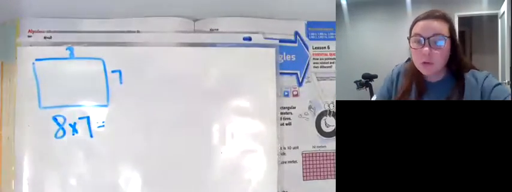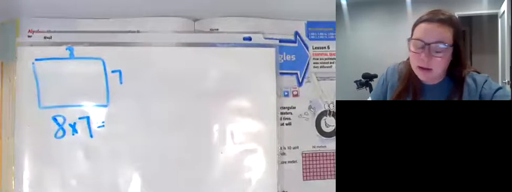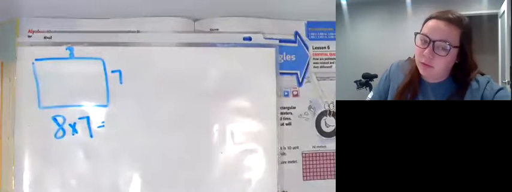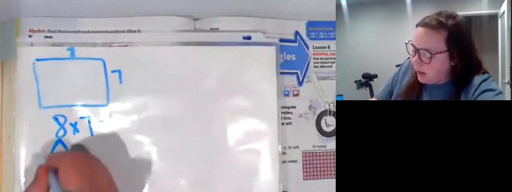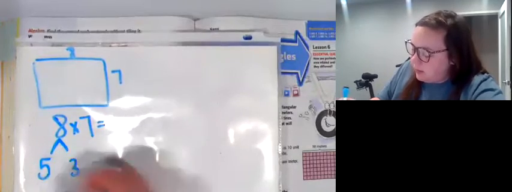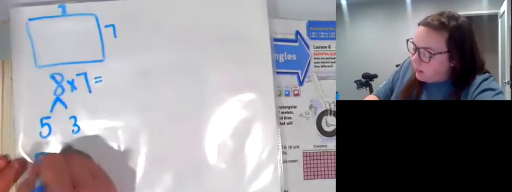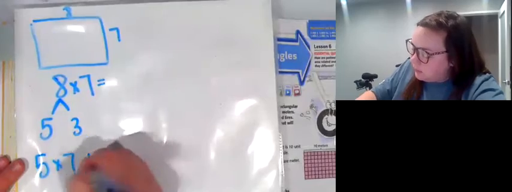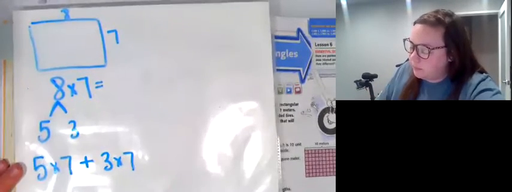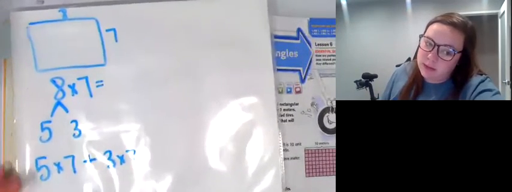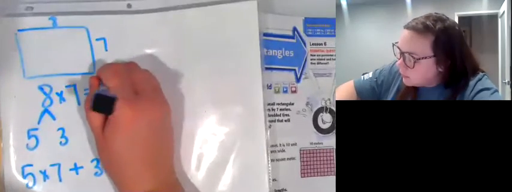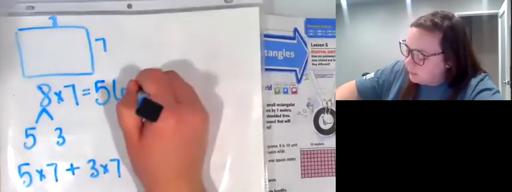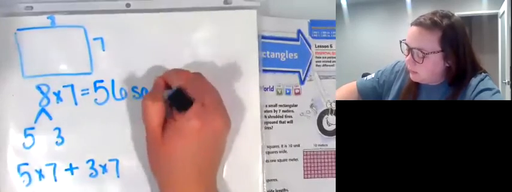Now, if you do not know your 8 times 7 fast fact, you can use your multiplication chart. You can try skip counting. Remember, we can break this up into a more friendly number like 5 and 3 and do 5 times 7 plus 3 times 7. All of that will give you the same answer, which is 56 square units.